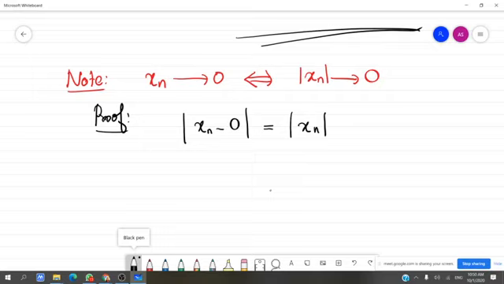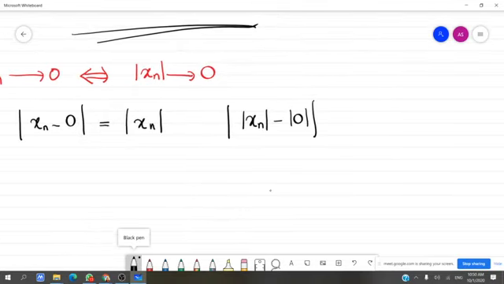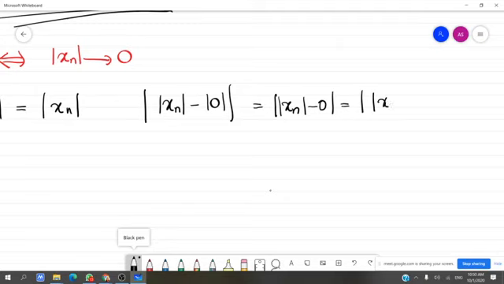And if you try to prove the convergence of modulus of xn to 0, we will consider modulus of mod xn minus mod 0. In that case also, this is the same as modulus of xn minus 0, which is the same as modulus of mod xn, modulus of a modulus is the same as modulus of xn. So these are both equal.